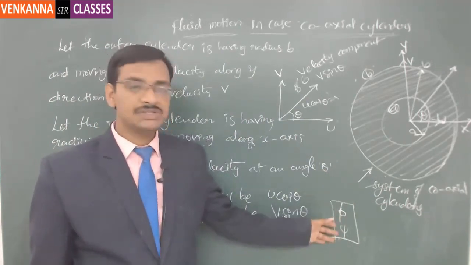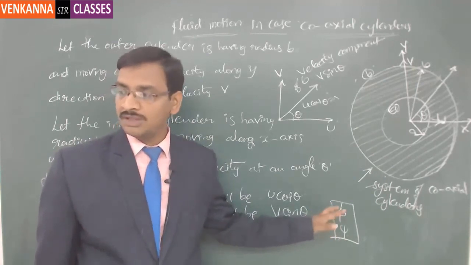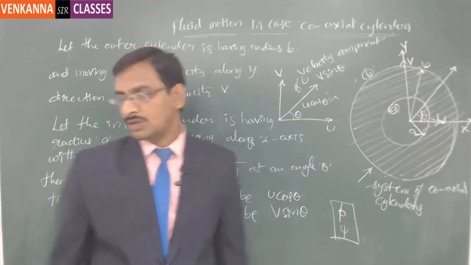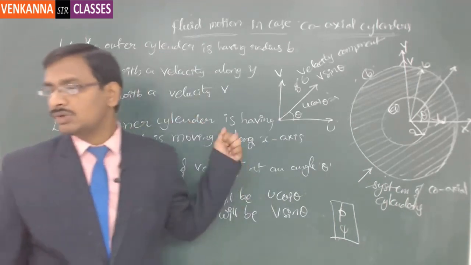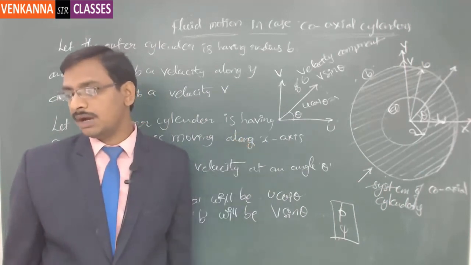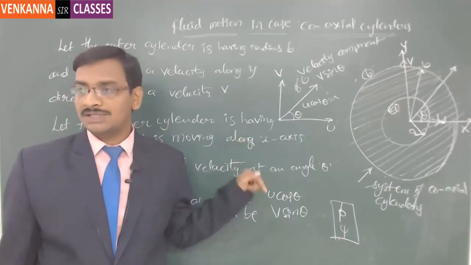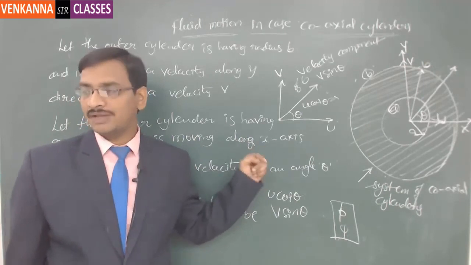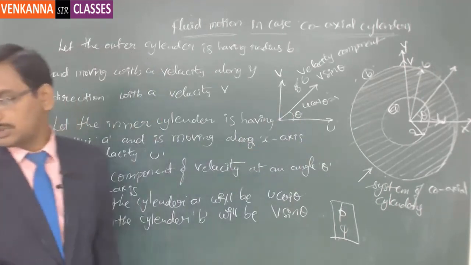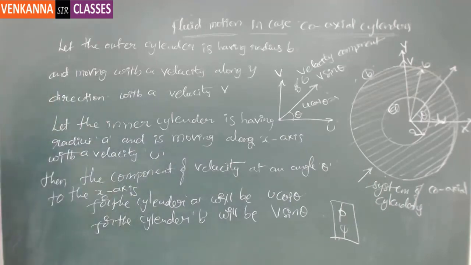These two are the essential components which we will find with the help of a generic solution of the Laplace equation. That generic solution is (AR plus B by R) cos theta plus (CR plus D by R) times sin theta. You have to identify the A, B, C, D values for this particular scenario. Clear? Note it down.